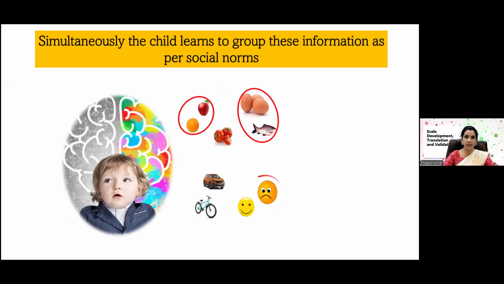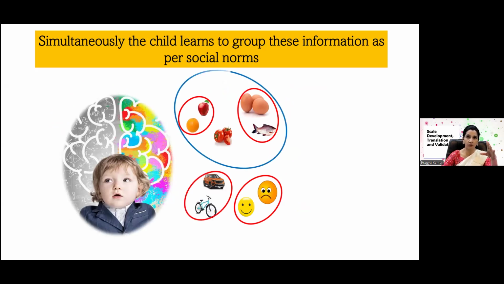So how will he do it? He will group these vegetables together. He will probably put all these conveyance things together, and the emojis together. How is he doing that? Some background information and some similarity between these. He might club these together as a mode of transport, these two together as facial expression, these as fruit, these as probably the non-vegetarian source, and all these together as vegetables.